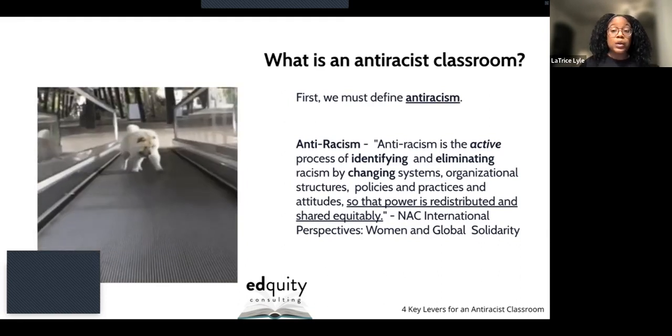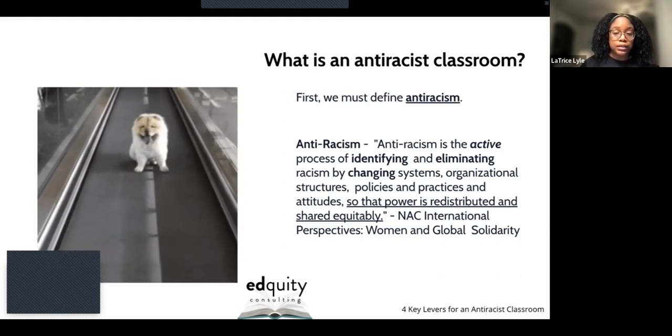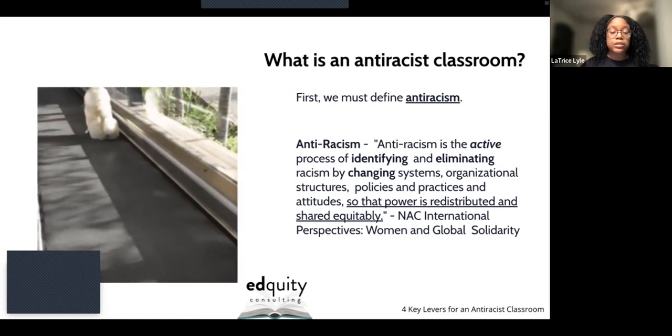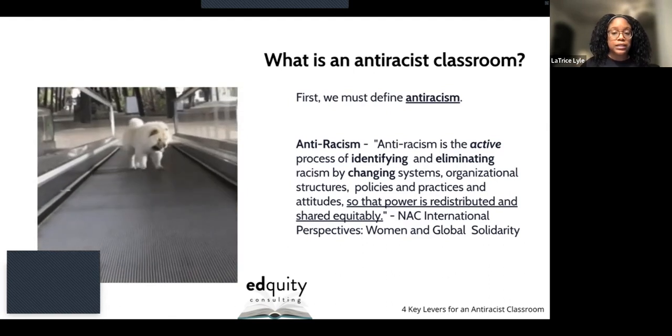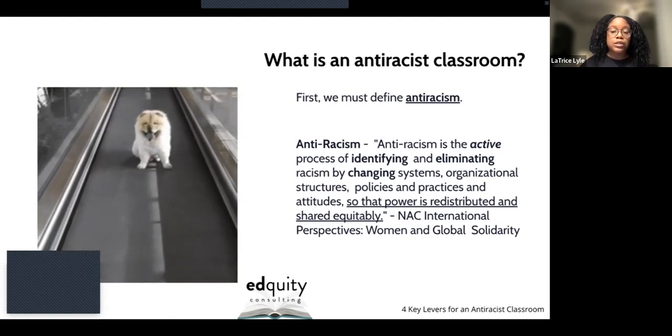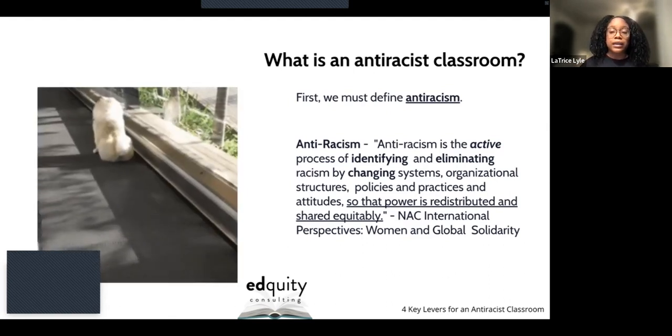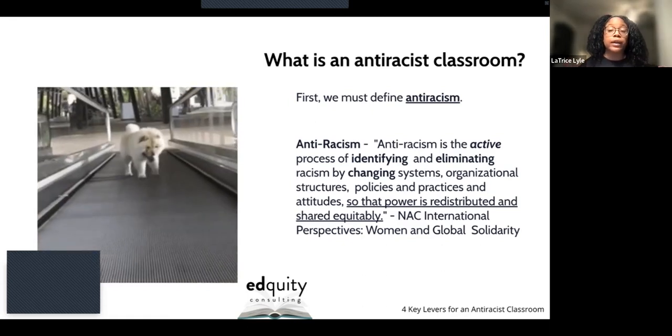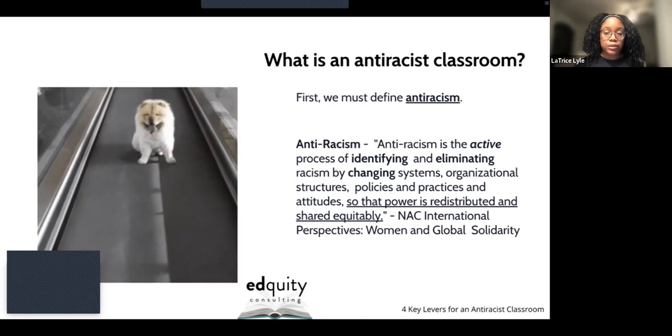We engage in this active process by changing systems, organizations, structures, policies, practices, and attitudes. So that is the way that I hope to frame, and I hope that you can frame what anti-racist educators do, right?